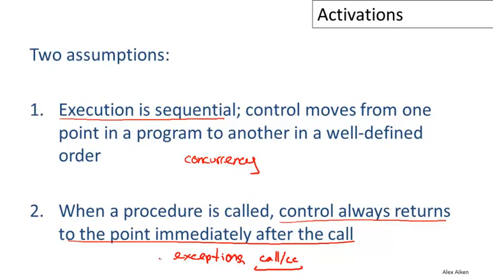In particular, if you're familiar with catch and throw style exceptions in Java and C++, when we throw an exception, that exception might escape from multiple procedures before it is caught. So there's no guarantee, when you call a procedure that can throw an exception, that control will ever return to the point immediately after the procedure call. Now we're going to keep these assumptions for the rest of the class.